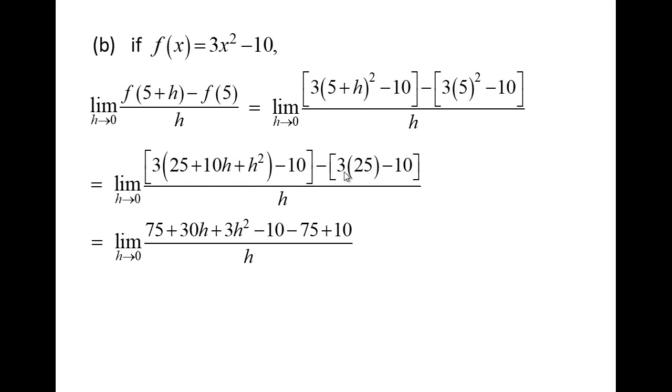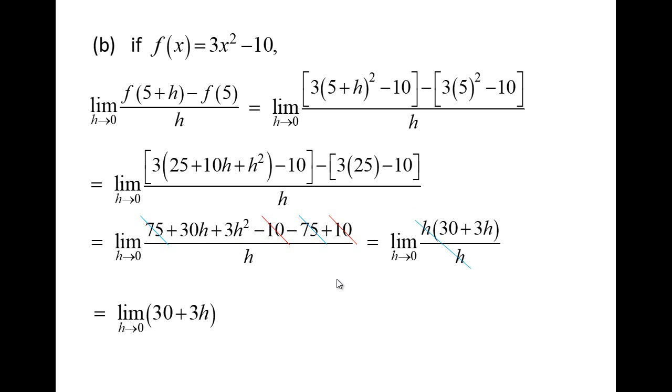Here we get negative 75 and plus 10. Okay, now we see that we can cancel out 75. We can cancel out the 10. So we're left with 30h plus 3h squared, where we can factor out h and get 30 plus 3h. So we have h times 30 plus 3h, so we can cancel out the h here, and we get the limit of 30 plus 3h. Because h goes to 0, then we get 30.